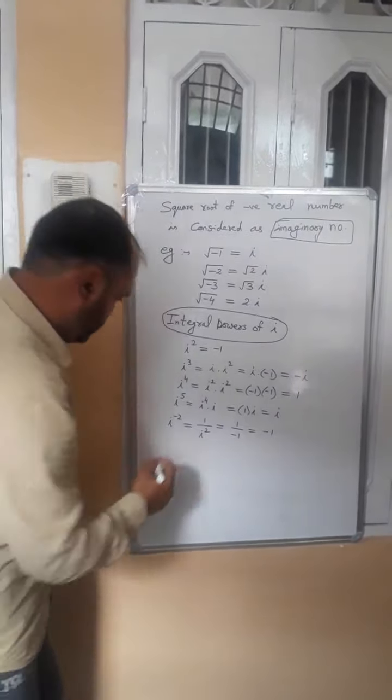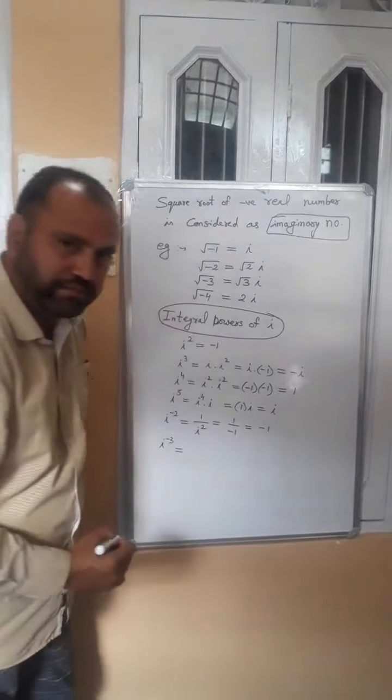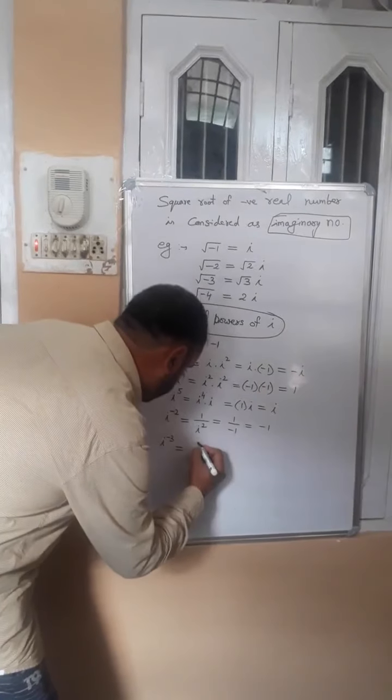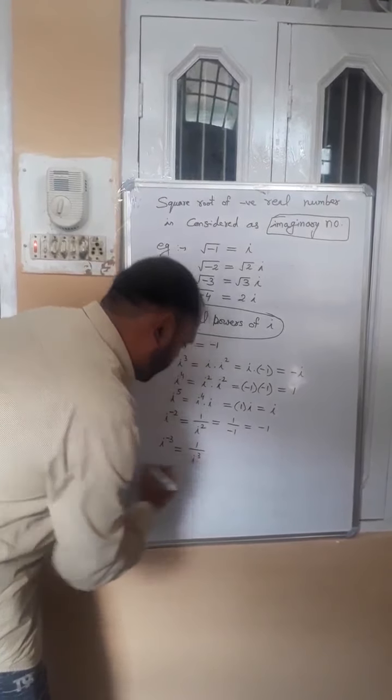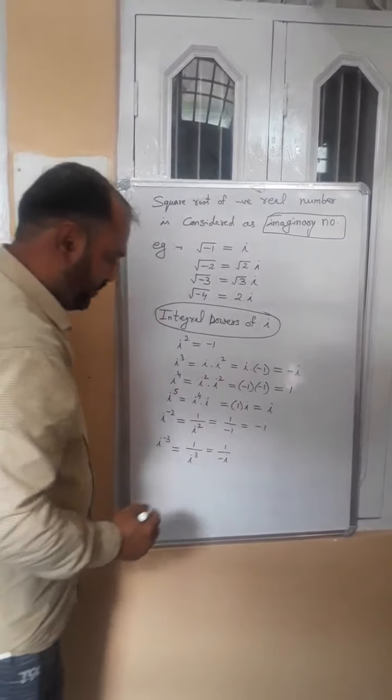Now let us take one more example. Iota raised to the power minus 3 is equal to 1 over iota raised to the power 3. Iota raised to the power 3, as you know, its value is minus iota. So we put the value and get 1 over minus iota.